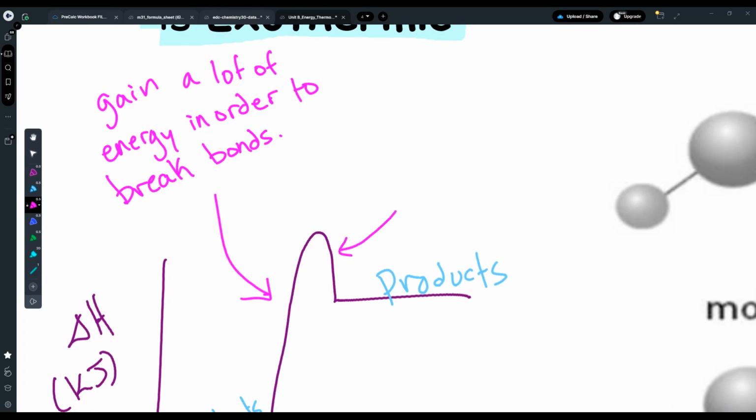Meanwhile, this little section here is just representing that a little energy does get released when new bonds are formed in an endothermic reaction.